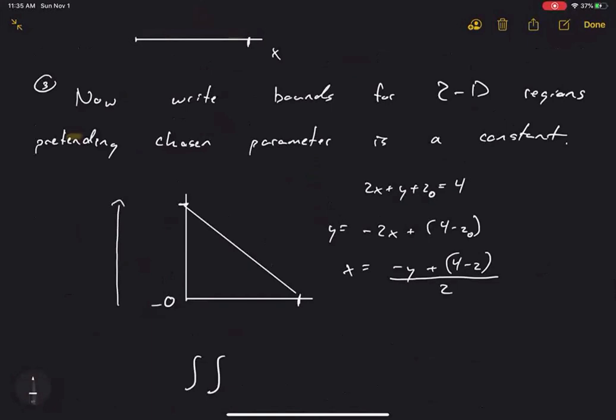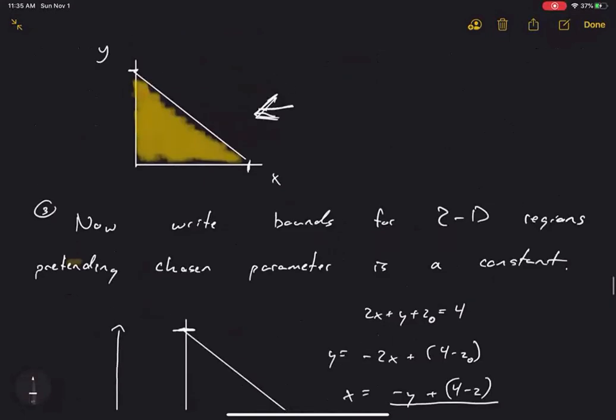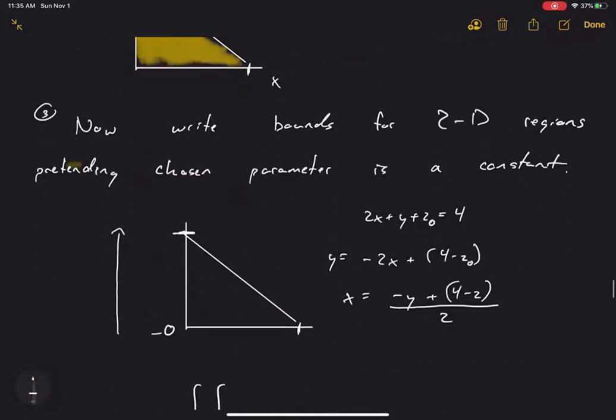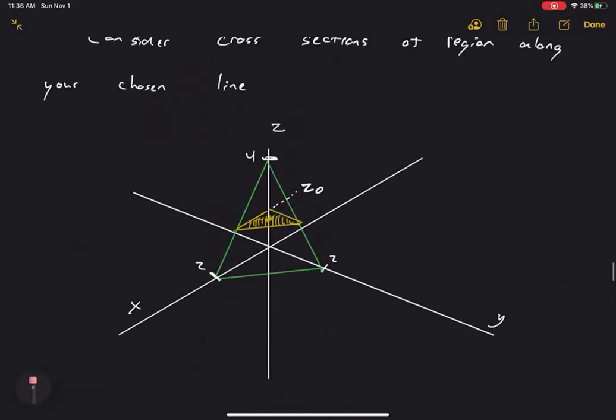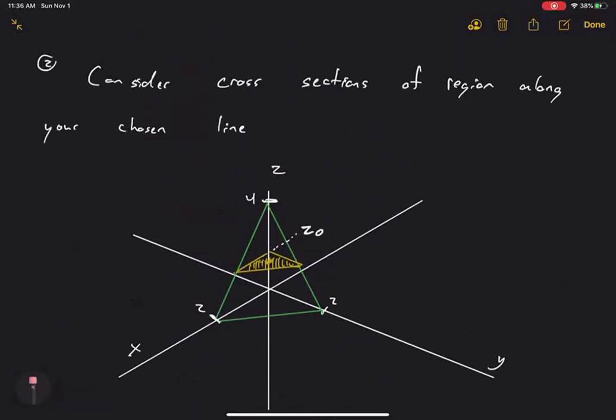My y begins at 0 and it goes to whatever this point here is. Well, what is that point? It's going to depend on what this line is. This line is coming from this plane.